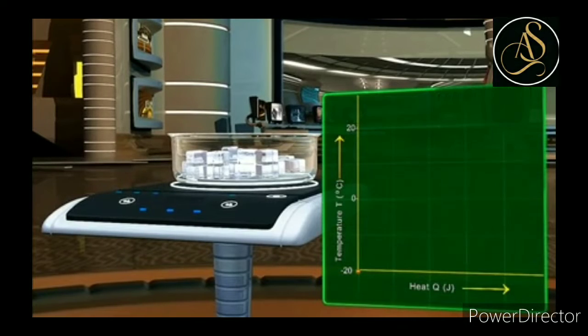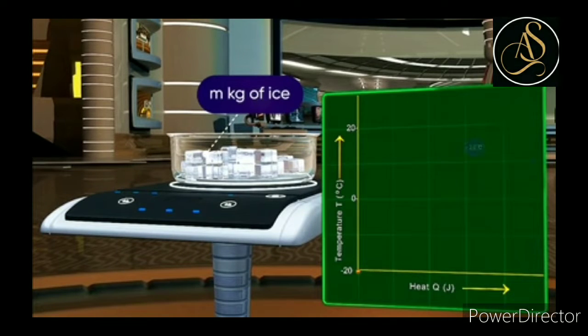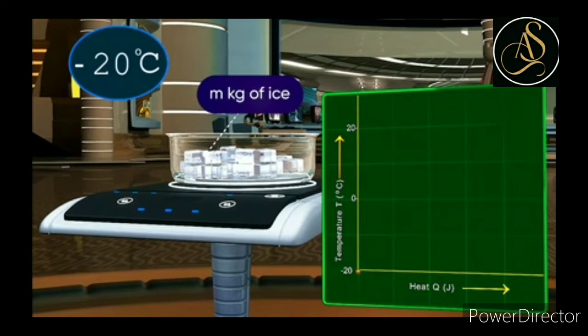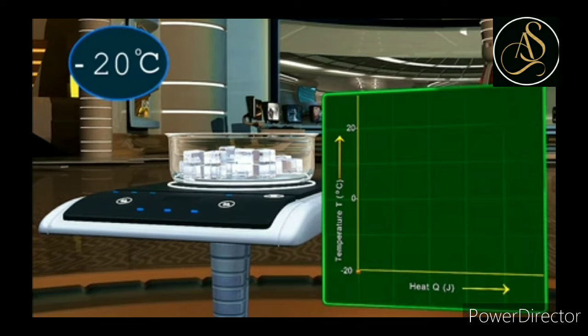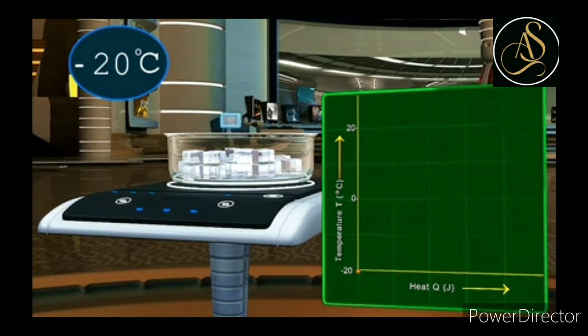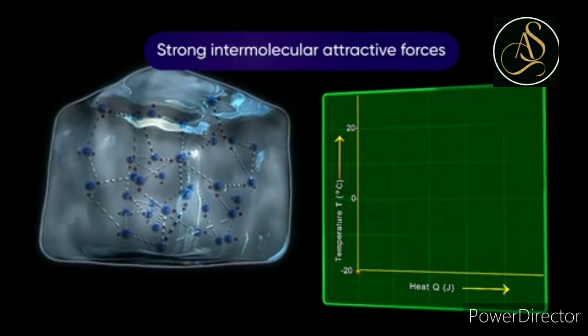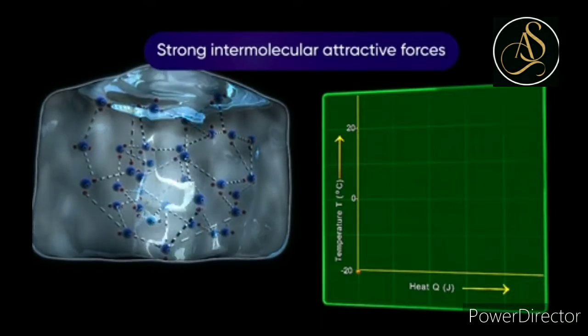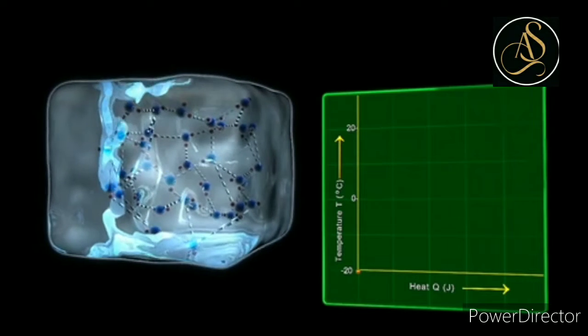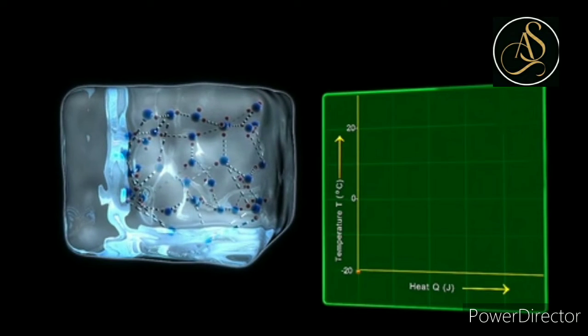To begin with, take m kilograms of ice at minus 20 degrees Celsius under standard atmospheric pressure. In its solid state, the molecules of water are bound together by strong intermolecular attractive forces and vibrate slowly about their mean positions.